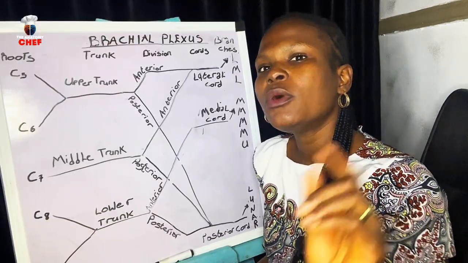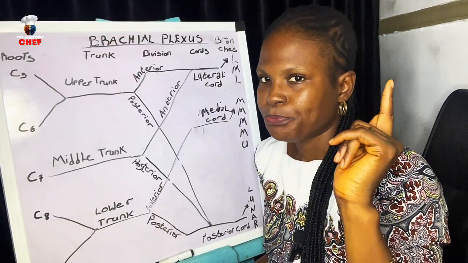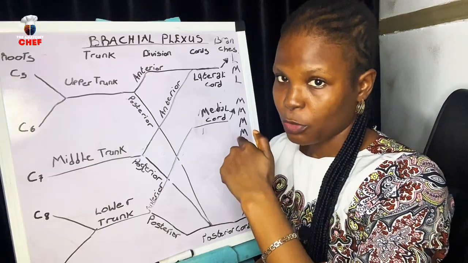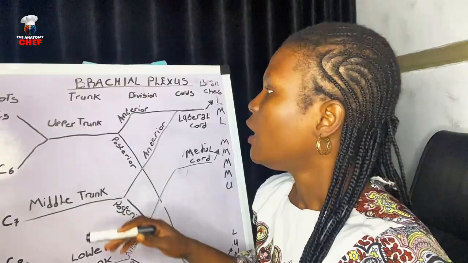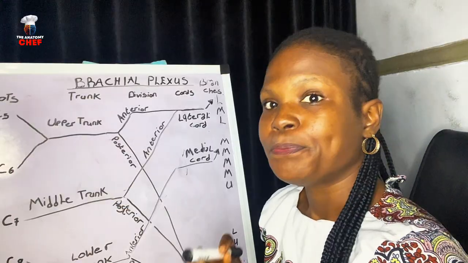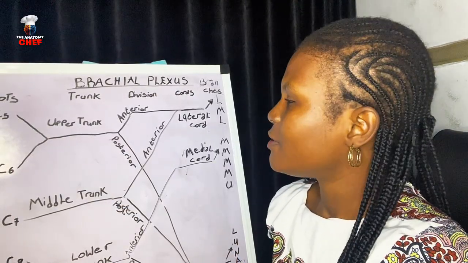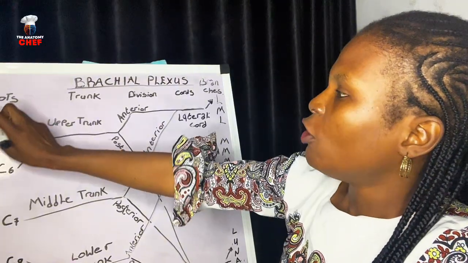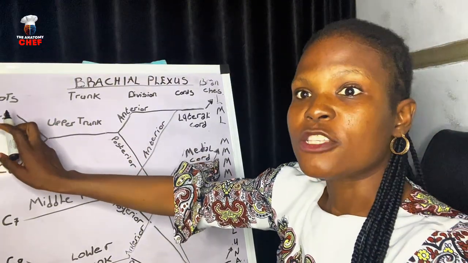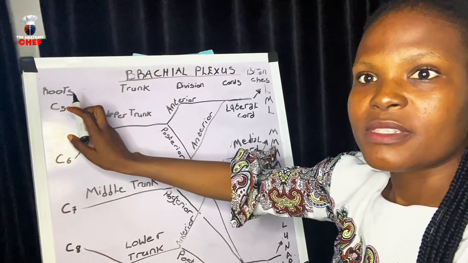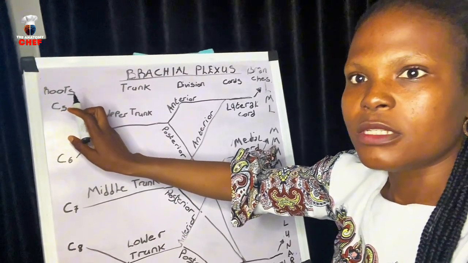Good. Now, when we look at the roots of the brachial plexus, follow me to the board so we'll look at it together. One very striking thing you will note is that it originates from C5, just as we have said. The origination is from C5, just so you follow me closely.